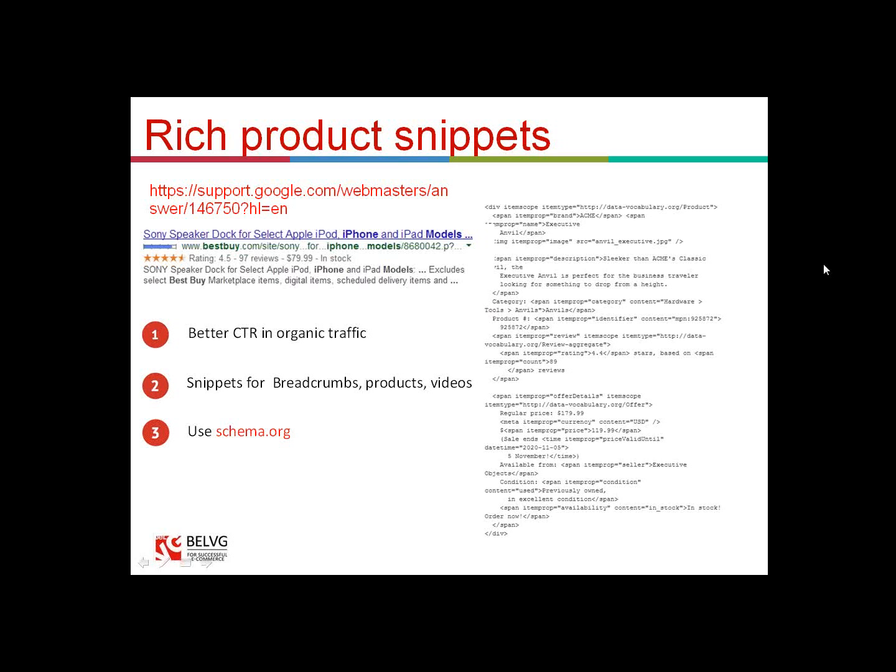Usually e-commerce stores use rich snippets for breadcrumbs, for products, and for videos if they have reviews on their product pages. Usually product rich snippets enable ratings, reviews, prices, and availability. I suggest you consult schema.org and Google support for more detailed information on rich snippets, because it is really a huge topic.